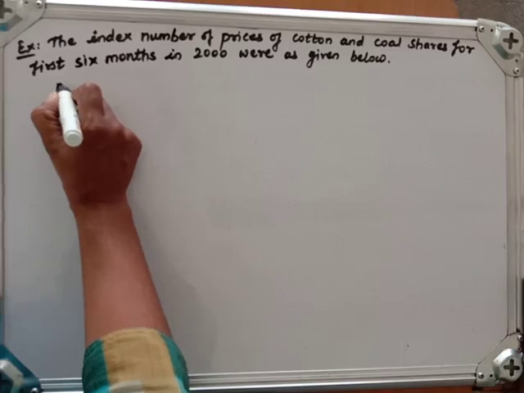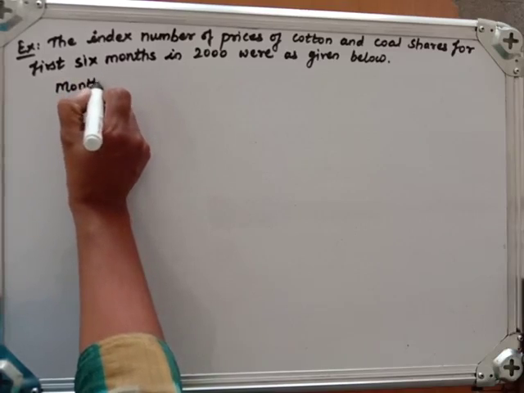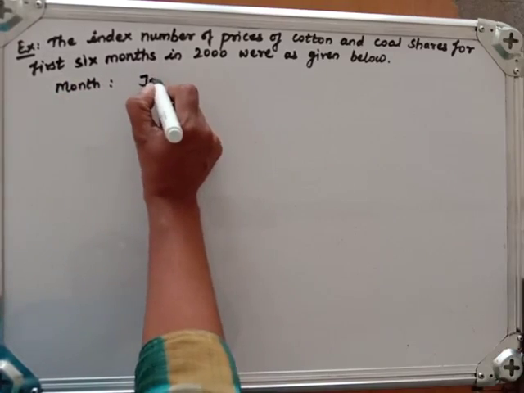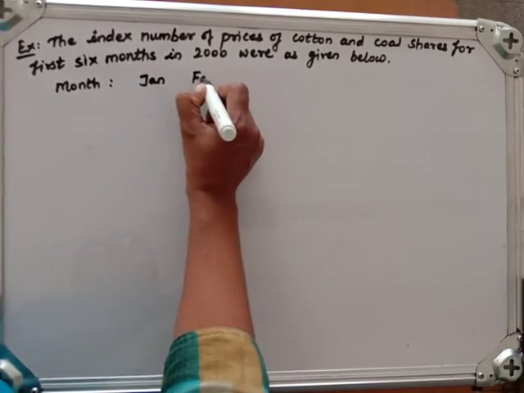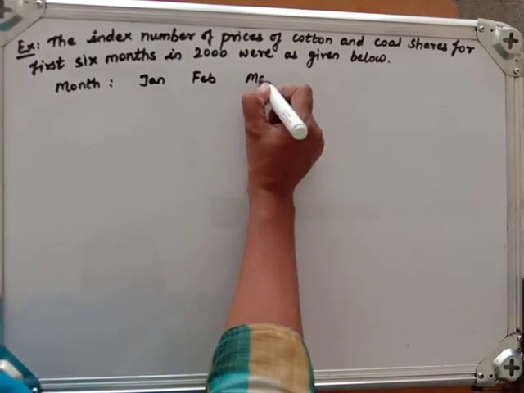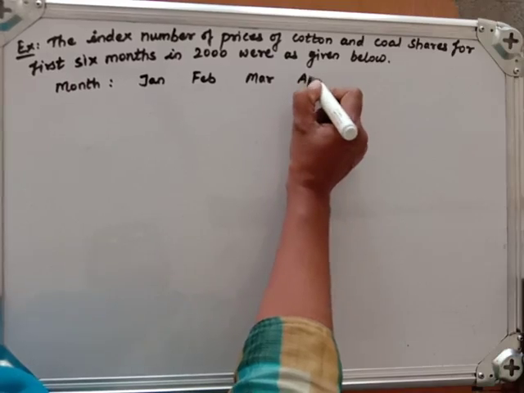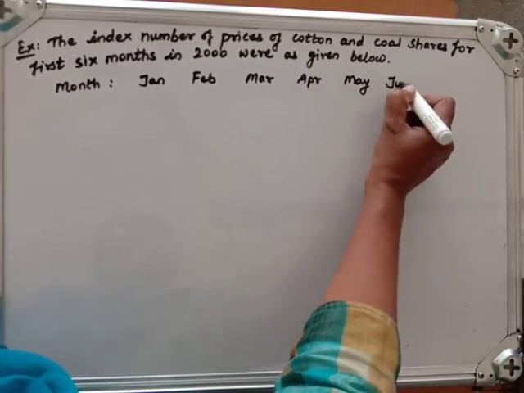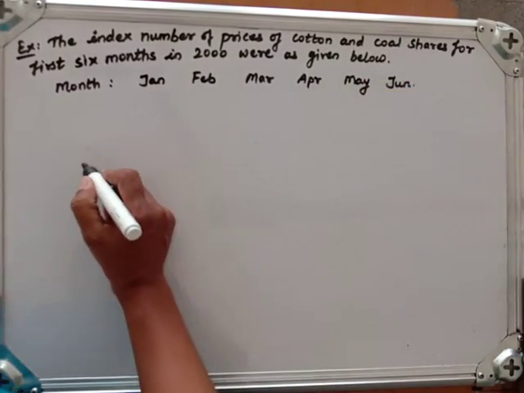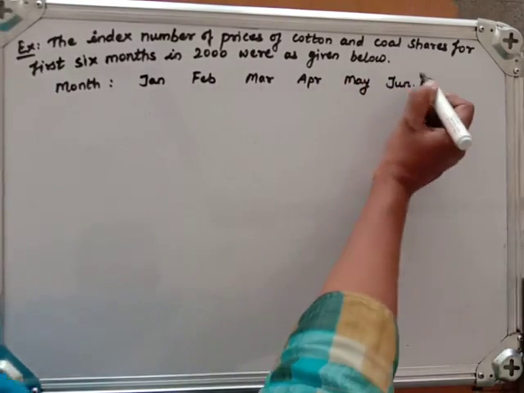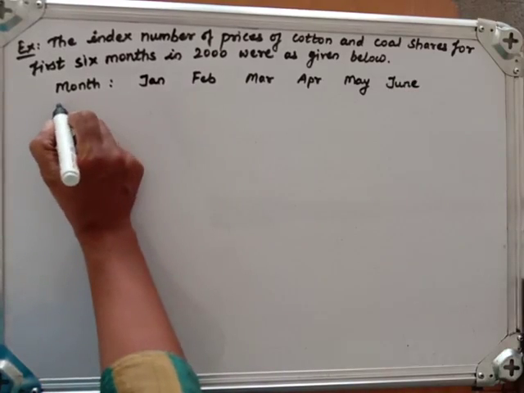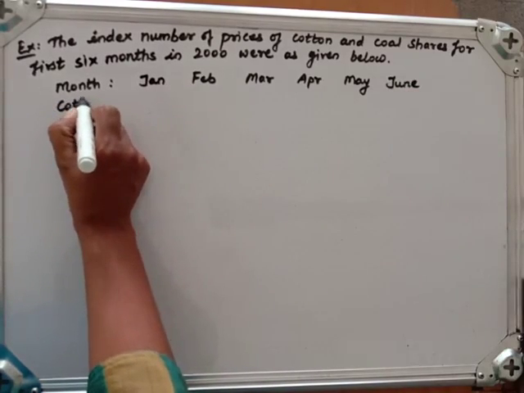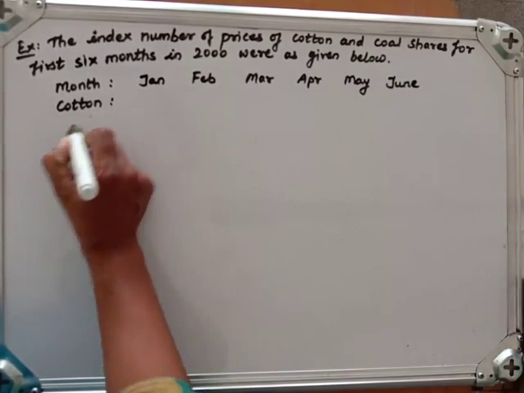So the months are from January to June. So January, February, March, April, May and June. This is given to us. Now here for cotton and for coal.